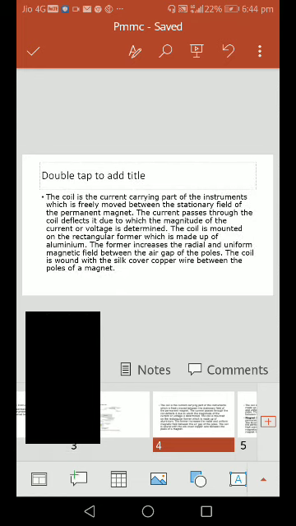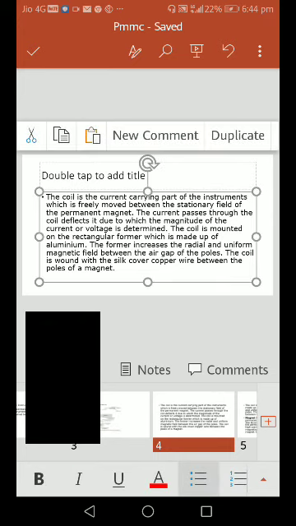The coil is the current carrying part of the instrument, which moves freely in the stationary field of the permanent magnet. The current passing through the coil deflects it, from which the magnitude of the current and voltage are determined.